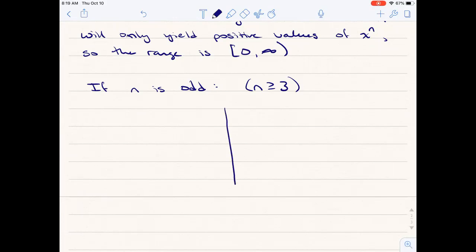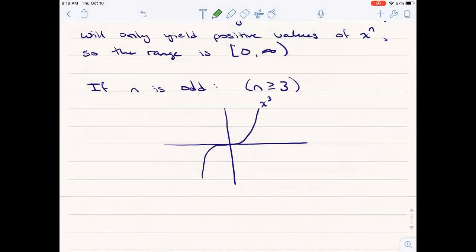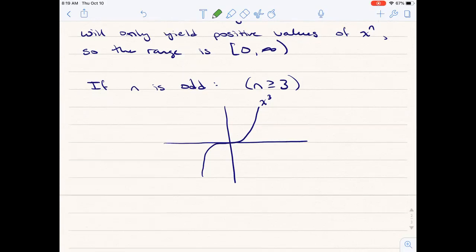Let's see if I can copy Desmos instead and put them all on the same graph, using different colors. All right. So first, I've got x to the power of 3. Then I'm going to do x to the power of 5. Now, obviously, I'm just drawing these, there are no points or anything. But it also gets narrower and flatter.